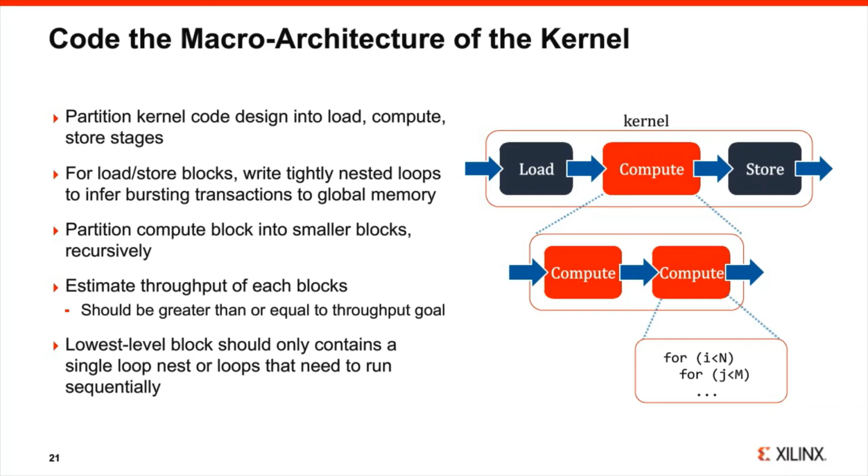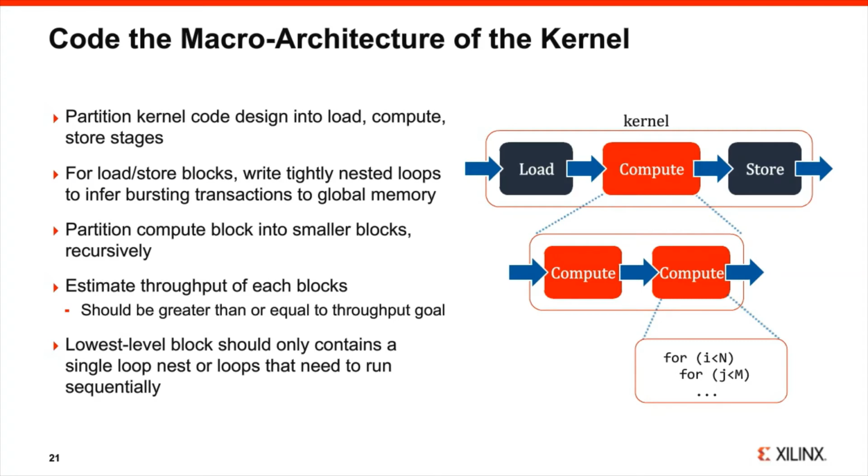Let's first talk about the architecture of the kernel. It's all about first partitioning the code to get the design architecture. So divide your code into load, compute, and store. As the names suggest, load and store are all about bringing data into and storing data out of the kernel.